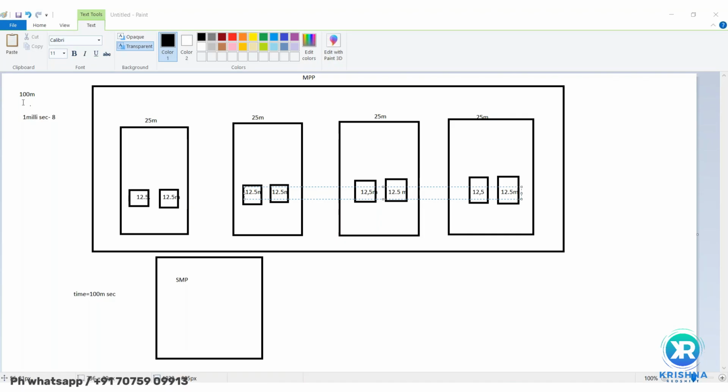Total, these are all 12.5, right? So total 100 million milliseconds divided by 8, so 12.5 million milliseconds it will take. You got it, Somnath?